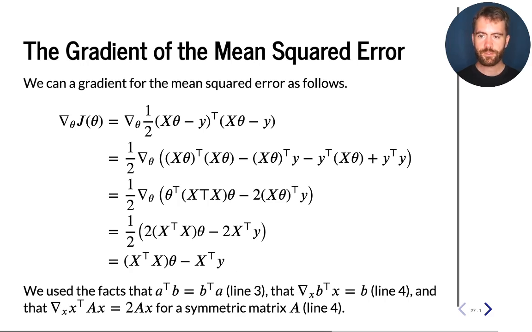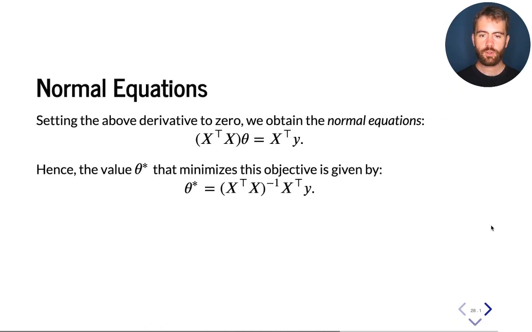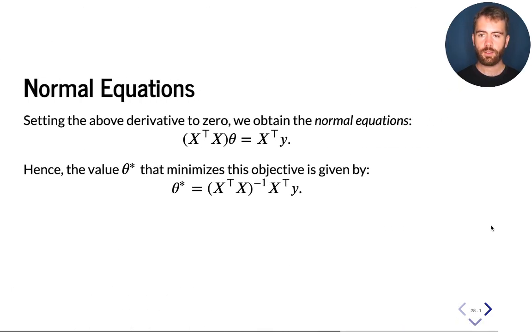All right, so far we have done a lot of matrix manipulations to obtain this gradient. Now we can use this gradient in several ways. We could use it to perform gradient descent, but instead we are going to use it in a different way now. You know from basic calculus that at the minimum of a function, the gradient, or the derivative, takes the value 0.